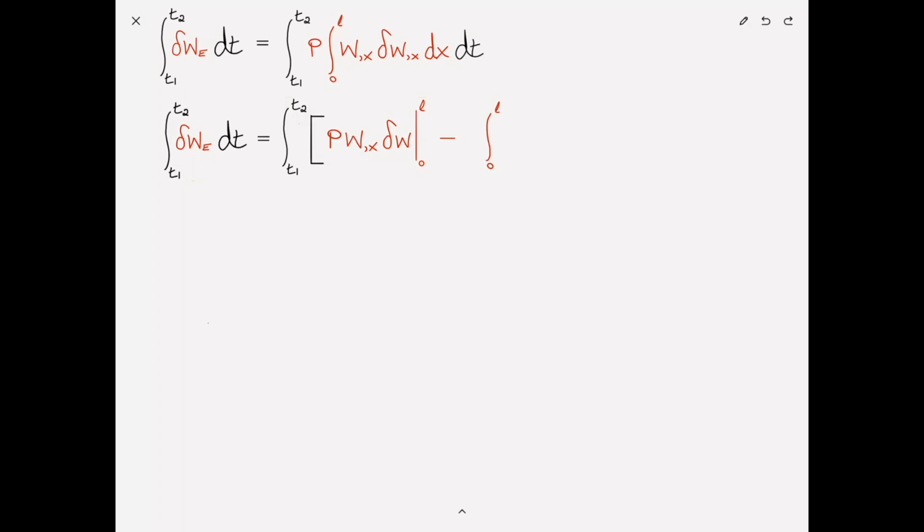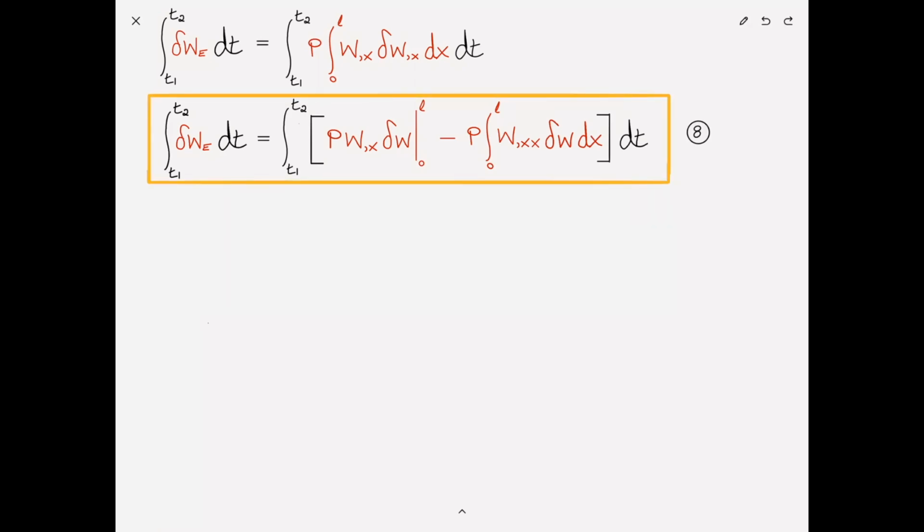So, minus the integral from 0 to L of, can take the P out since it's constant, w,xx, second derivative, del w dx, and I need a dt. That's it. That is the expression for the variation of the external work, and we'll call that number 8 and put a yellow box around it, since we're going to use this later.